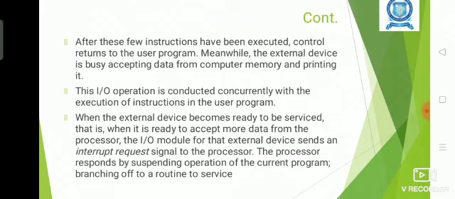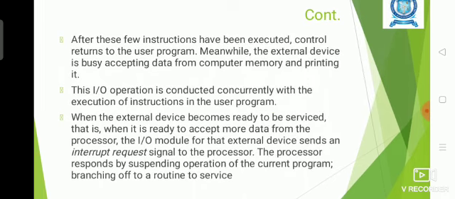As a result of the interrupt, the external device becomes ready to be serviced. The external device is the source of the interrupt. When the CPU decides to execute the interrupt, it will check whether the device is ready to accept the data from the processor.